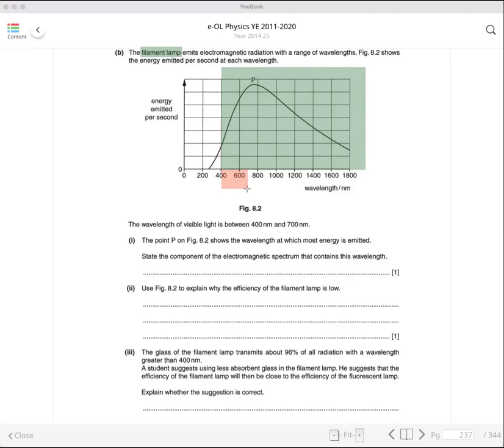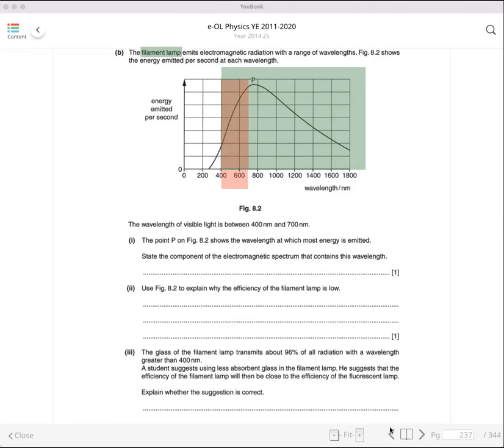Clear? Okay, let me just redraw. So visible light is actually around here. Understand? Okay, hold on for a while.